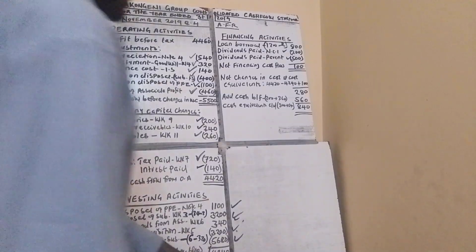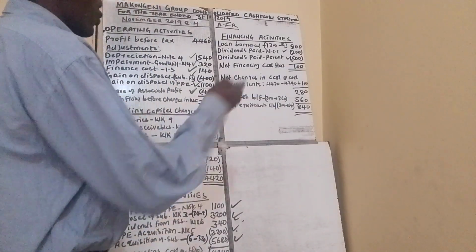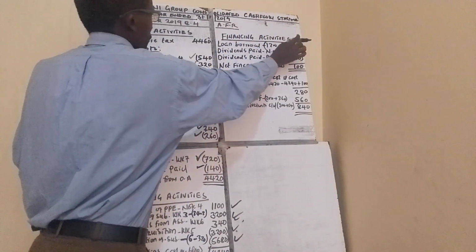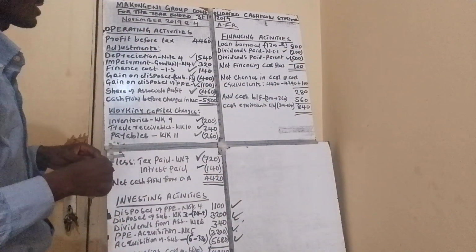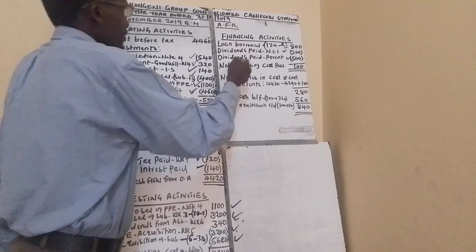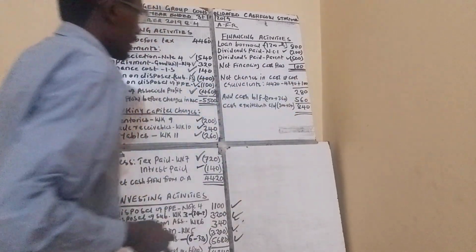Okay, then what was paid to the parent is that? So for financing activities, there is 800 minus 200, minus 500. Net financing cash inflow is 100.